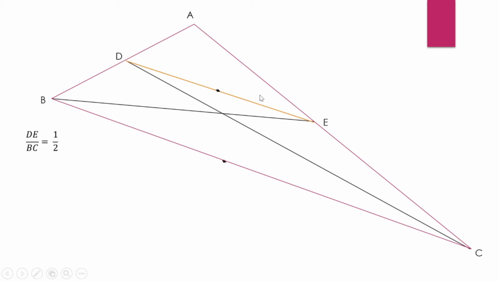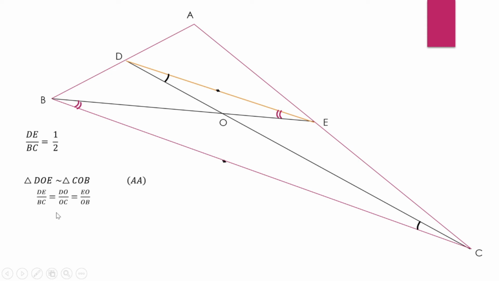Now let's take these two triangles, triangle DOE and triangle BOC. In these two triangles, this angle here is equal to this angle here, alternate interior angles, and these two are parallel. And here, this angle is equal to this angle, because this is parallel to this, so they are alternate interior. That means these two triangles are similar by angle. That means their sides are going to be proportionate, which is equal to this.